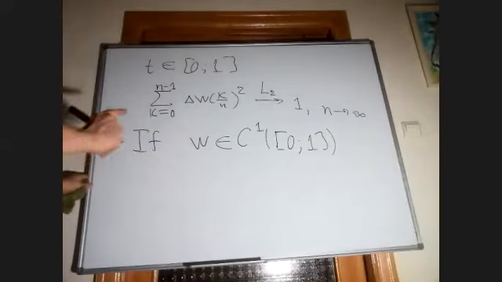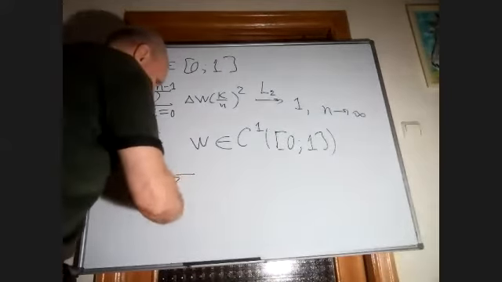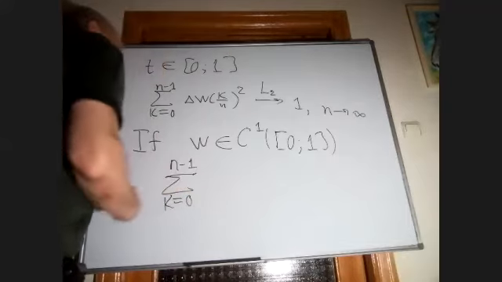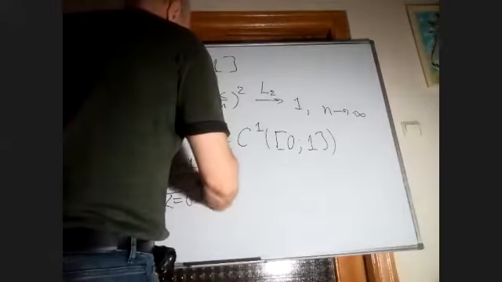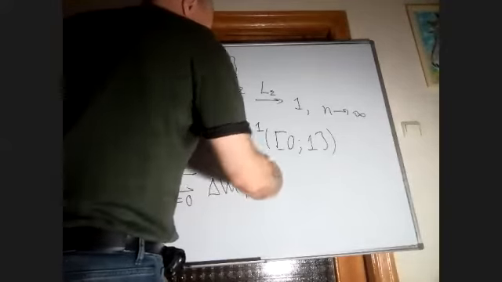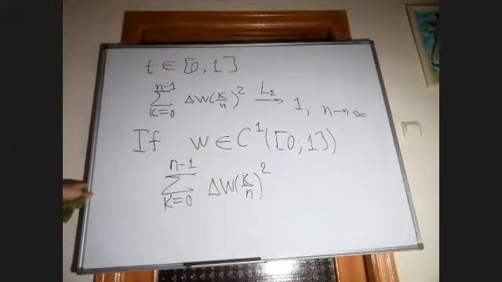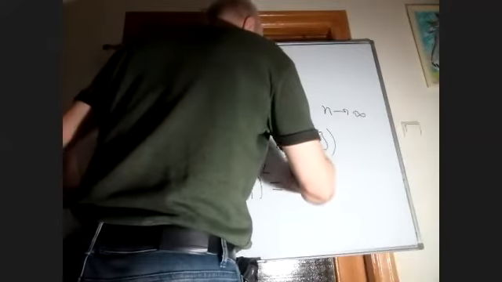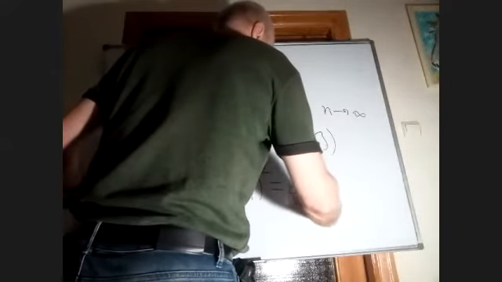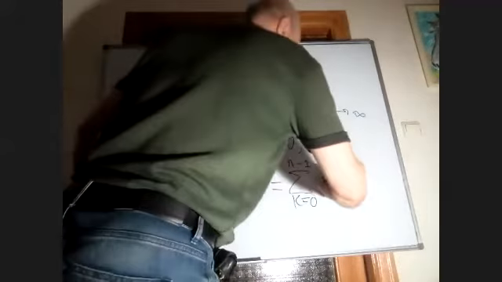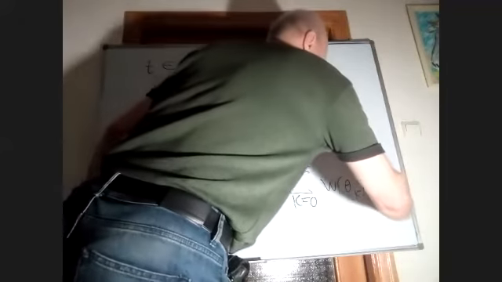Then, of course, such a sum from k equals 0 to n minus 1 of (delta W kn) squared can be rewritten as the sum from k equals 0 to n minus 1 of W'(theta k) squared times 1 over n squared.